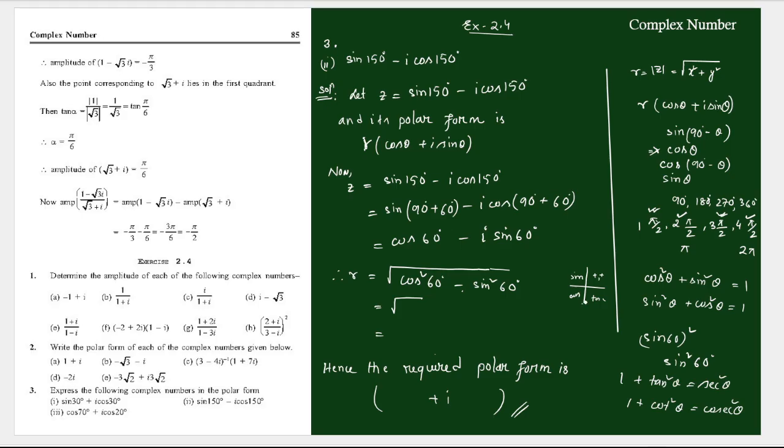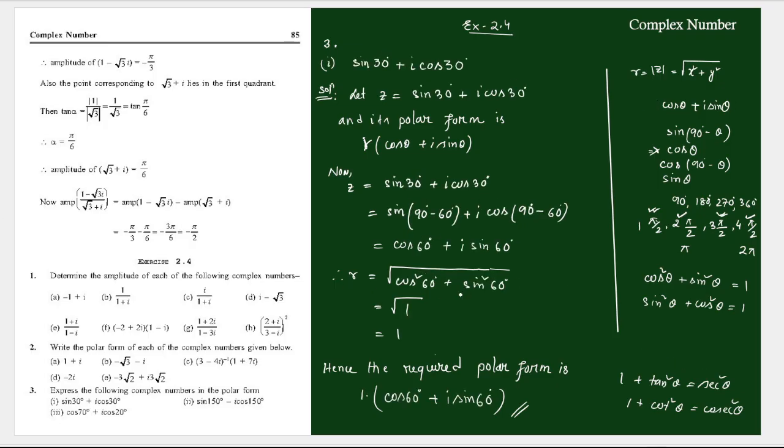See here now, earlier in question number 1 we got cos of 90 minus 60.